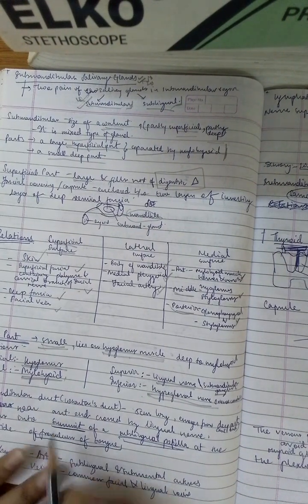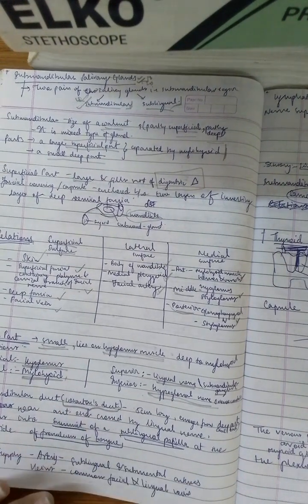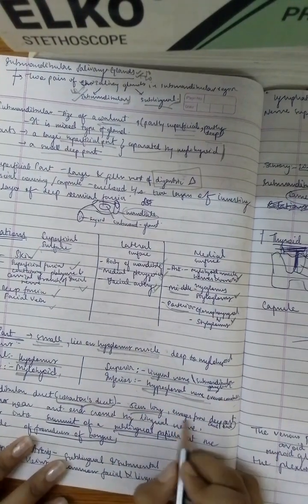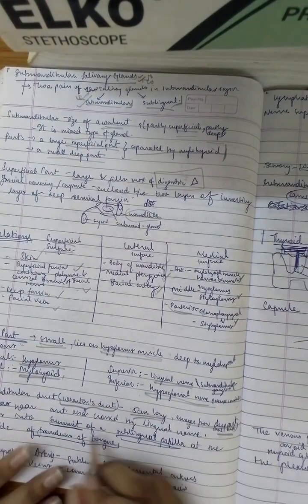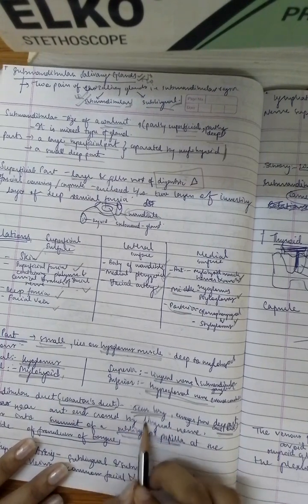Now the submandibular duct, also called Wharton's duct, is 5 cm long. It emerges from the deep part, near the anterior end, and is crossed by the lingual nerve.